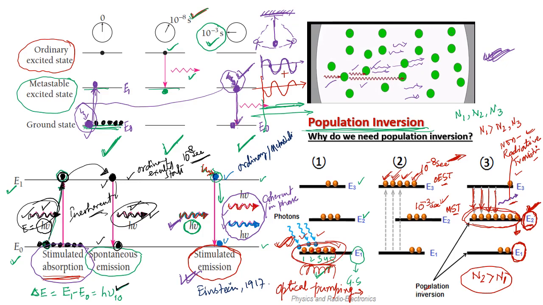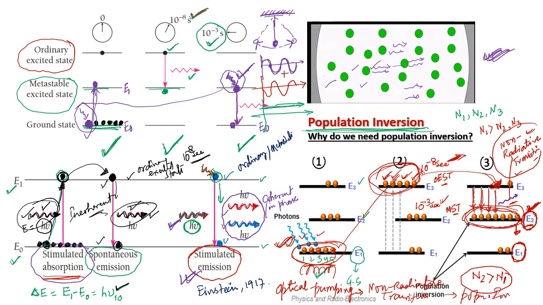These atoms, by absorbing the energy, go to the excited state, and from the excited state they spontaneously decay to the metastable state through non-radiative transition. Then we achieve the population inversion. So understanding population inversion is important.